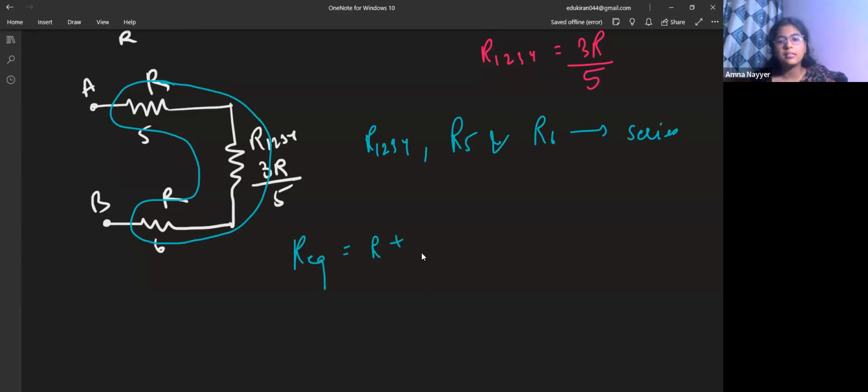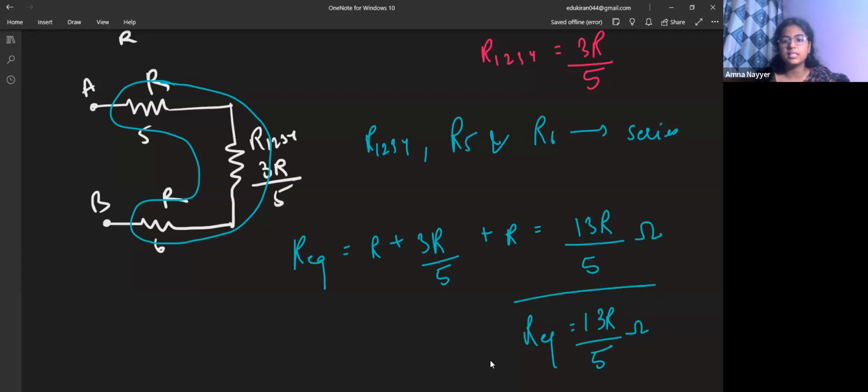R plus 3R by 5 plus R. So this becomes 5 here, 5 here, 10 plus 3, 13R. So R equivalent is 13R by 5. This is your answer. See, Shaviz, you have your answer also. 13R by 5. Very good.